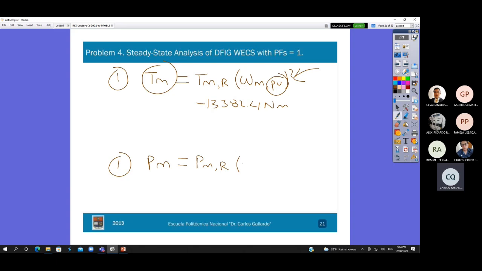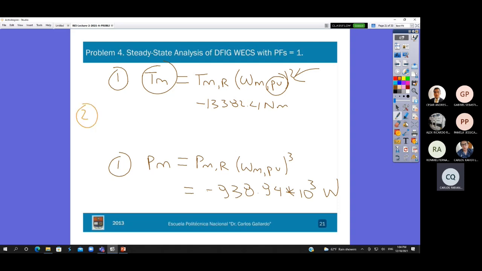Therefore, I will have the mechanical power. This is the speed ratio. This is cubed. So we compute this value, and this value was 938.94 times 10 to the power of 3. This is cubed. Okay, so this is my first way in order to compute the mechanical power and the mechanical torque. So let's verify with my second methodology.